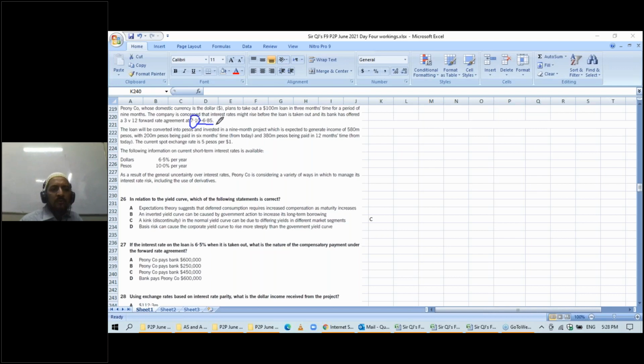So this amount of guarantee has been given by the bank, and this is a question in which they want to borrow for 9 months. It's 9 months borrowing, 12 minus 3, and the loan is required in 3 months' time, and there is a loan of 100 million. So now what happens? The rate remains at 6.5%. So now what will happen?